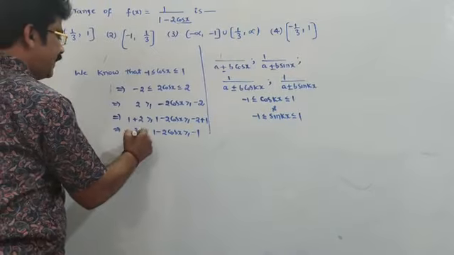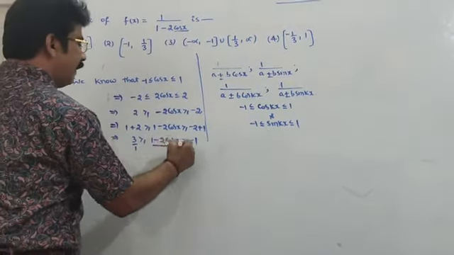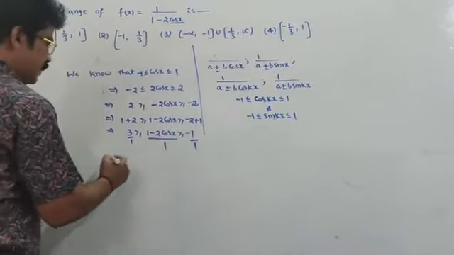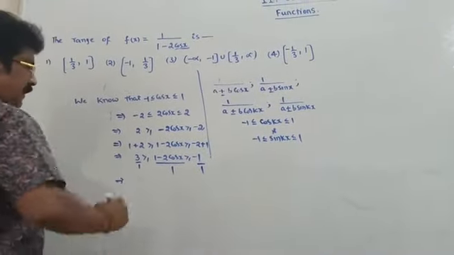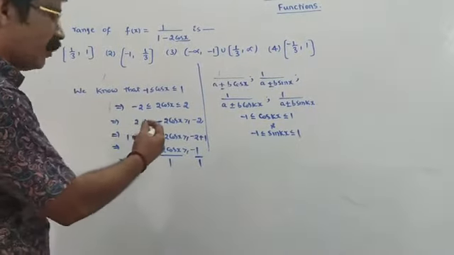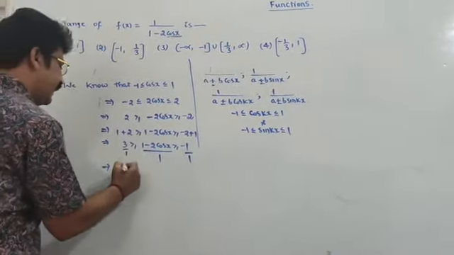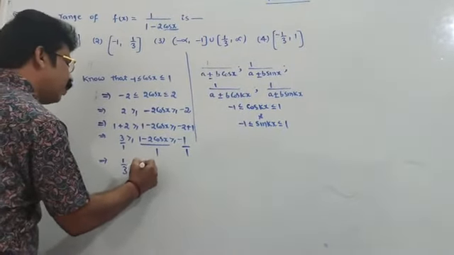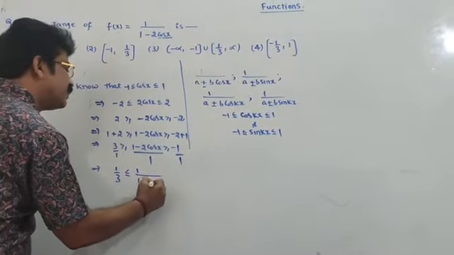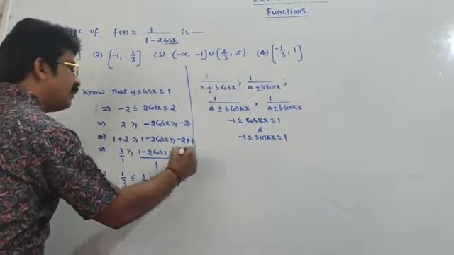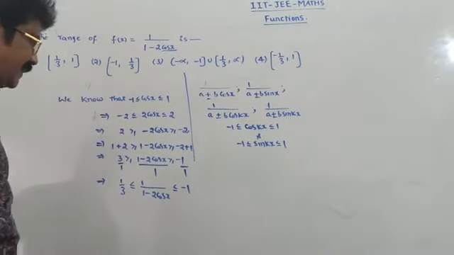So what does it mean? It is 3 by 1, 1 minus 2 cos x by 1, -1 by 1. Therefore we are taking the reciprocal of each and every term throughout the inequality. So it can be written as 1 by 3 less than or equal to 1 by 1 minus 2 cos x, less than or equal to -1 by 1, which is -1.